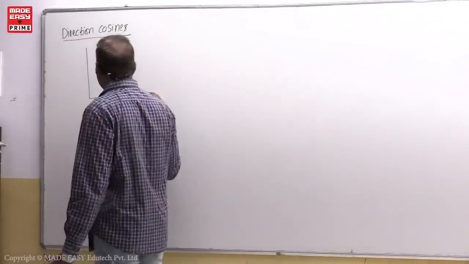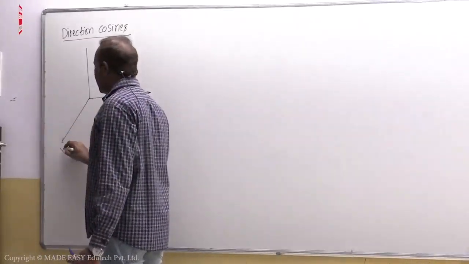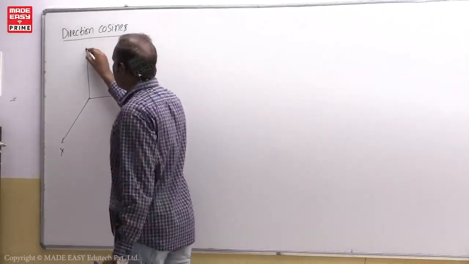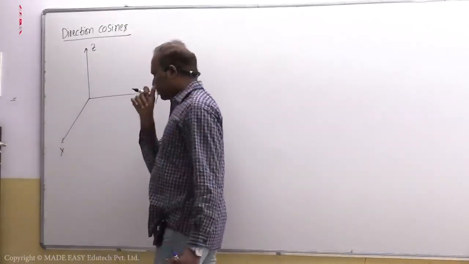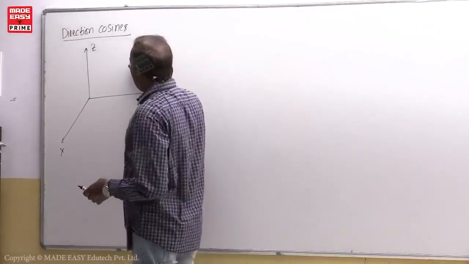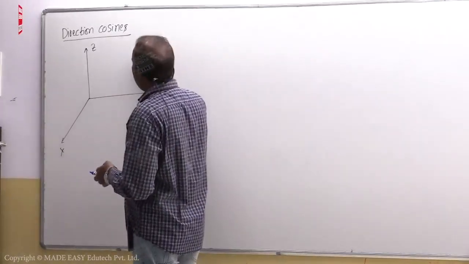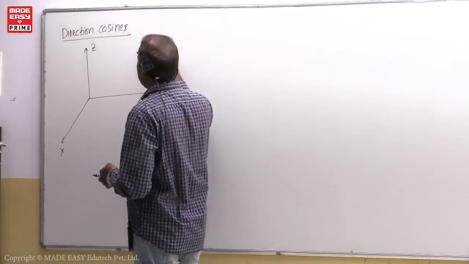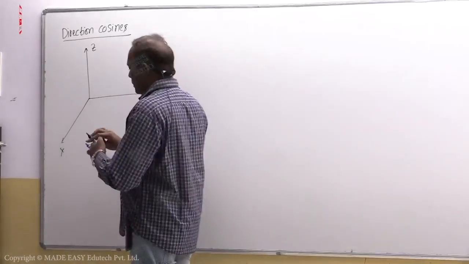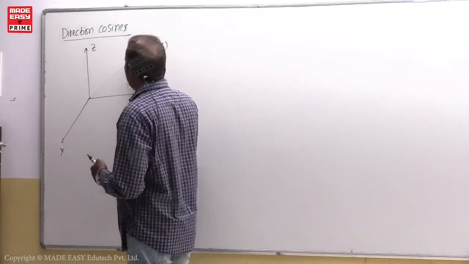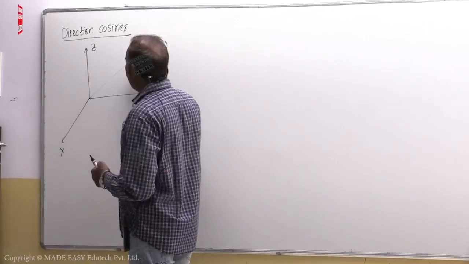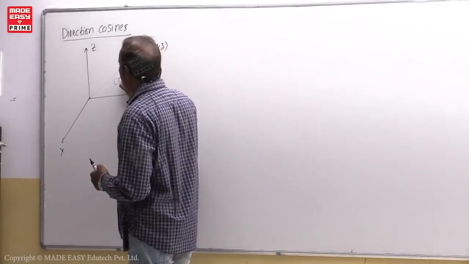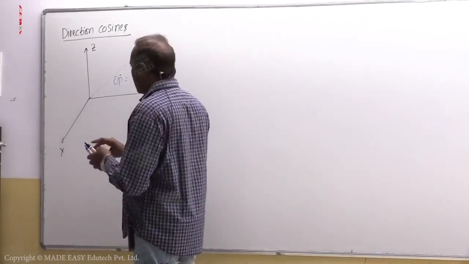If this is the x-axis, this is the y-axis and this is the z-axis. Now here one point is there, called P (x, y, z). This is called OP bar, where O is the origin.